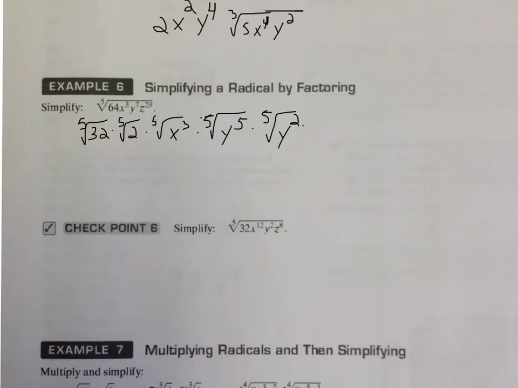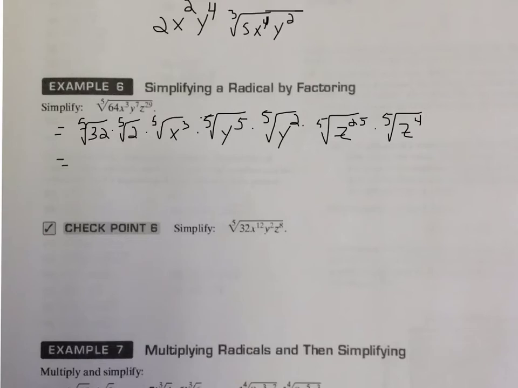Well, we can get it up to 25 for the z, because 25 divided by 5 will work. It's 5. So we're going to take the fifth root of z to the 25, and that leaves the fifth root of z to the 4 left, because 25 and 4 make 29. And I know this is long, but that's the way it is.